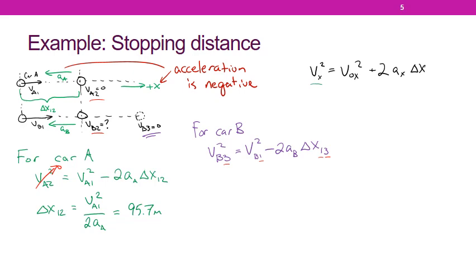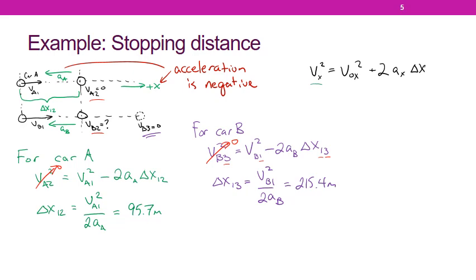So I'm going to go ahead and solve that, and I get delta x13 is equal to VB1 squared over 2AB. At least this is what we get when I realize that VB3 is equal to 0. When I plug in my values, I end up with a distance that's 215.4 meters.